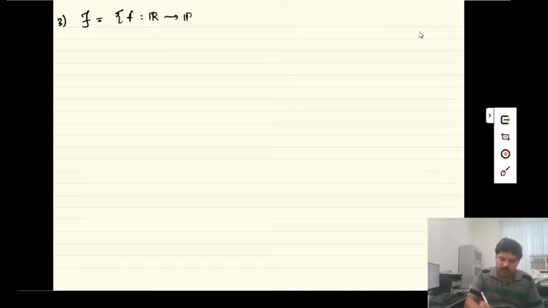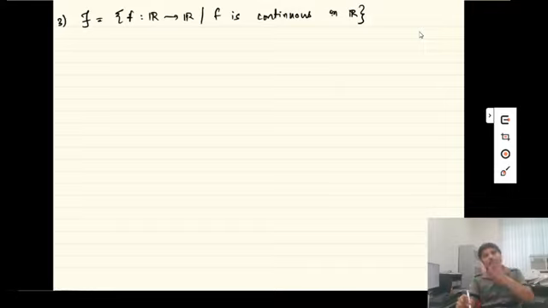One more non-trivial example of a vector space I'll consider, and then we will go back to some interesting examples. This is a little bit of a mathematical example, but we can nevertheless look at it. I will define by F the set of all functions from R to R such that f is continuous on R. So I collect all the functions f from R to R such that f is continuous.